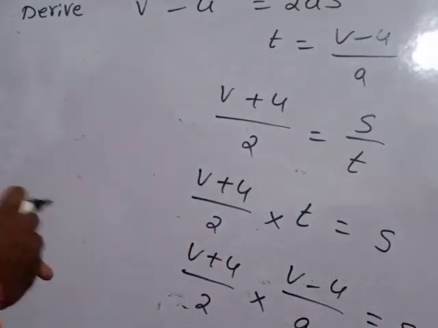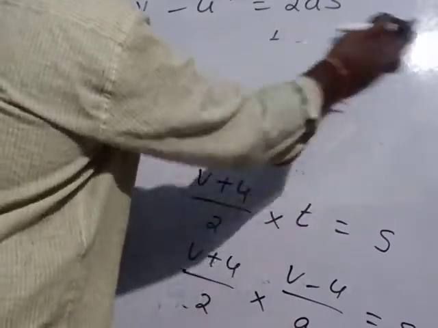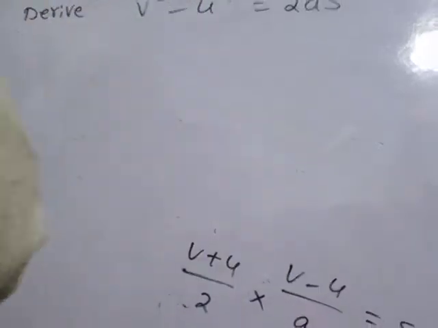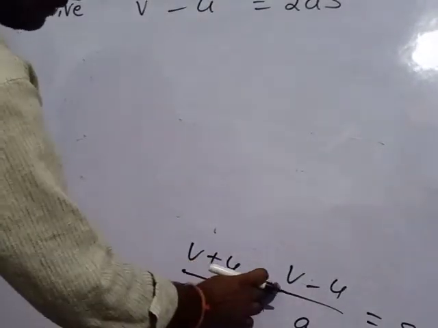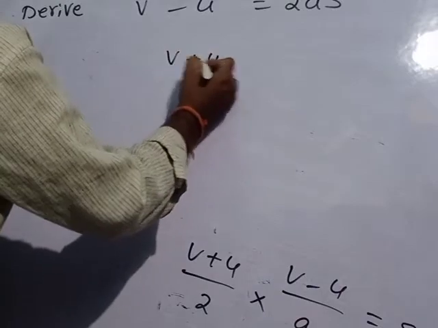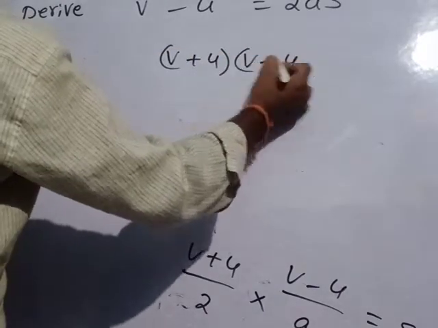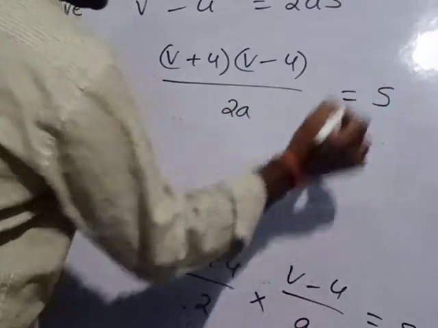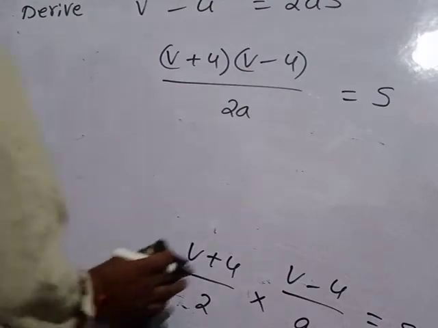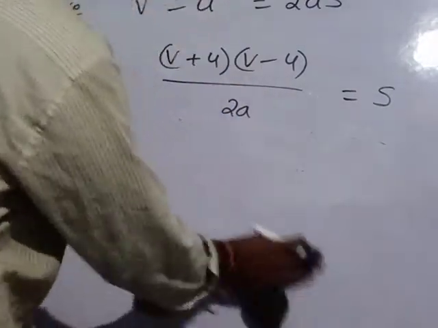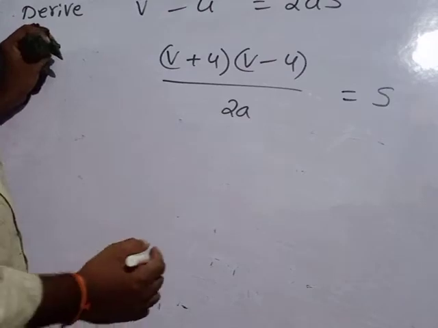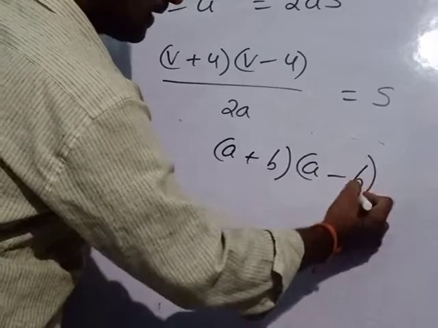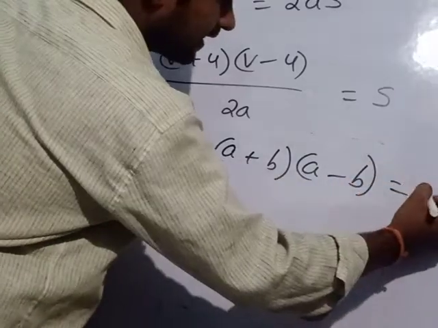Do you understand? Now again here V plus U into V minus U, numerator, whole by 2 into A, 2A, is equal to S. Clear? So now we have one formula. What is the formula? By using algebraic identity, A plus B into A minus B is equal to A square minus B square.